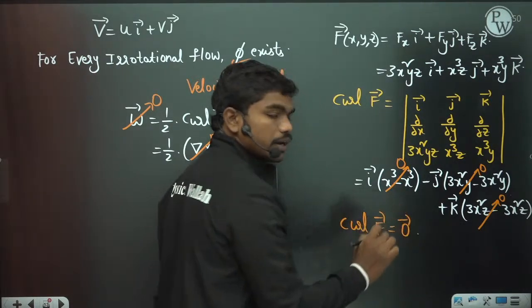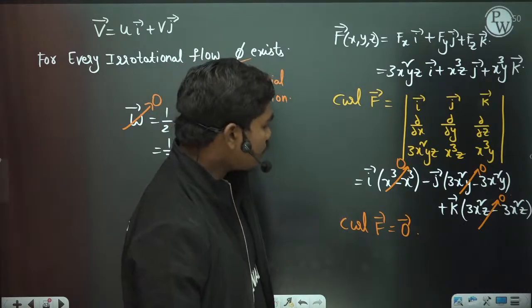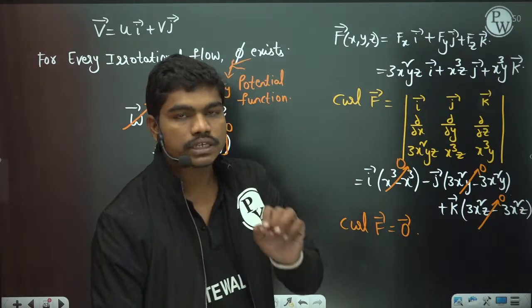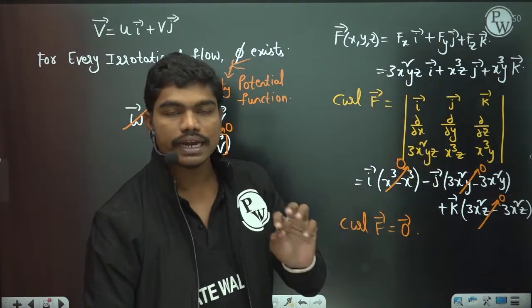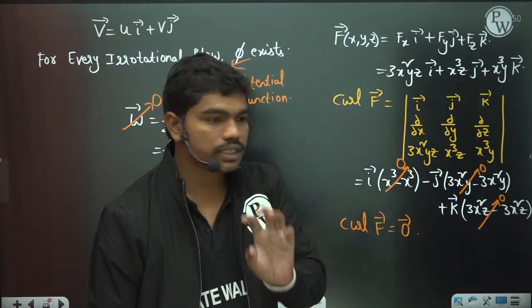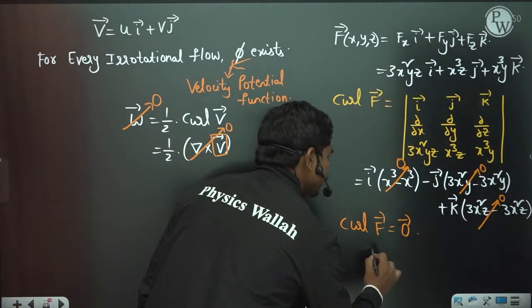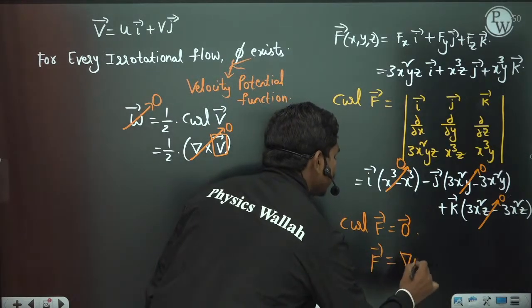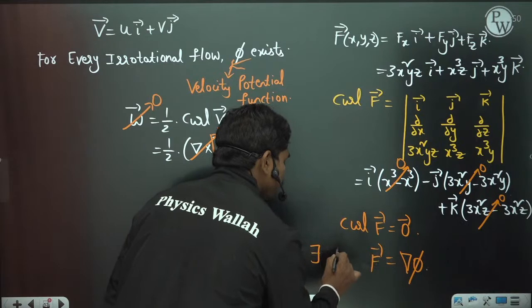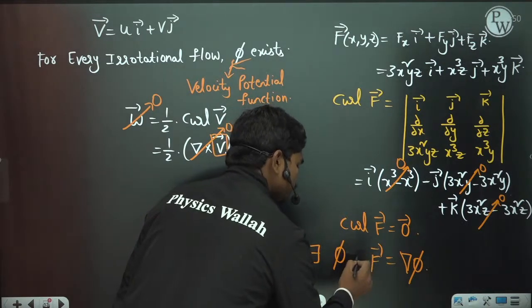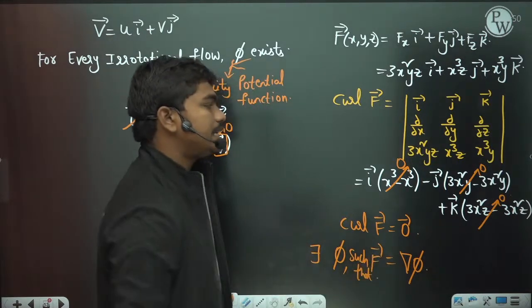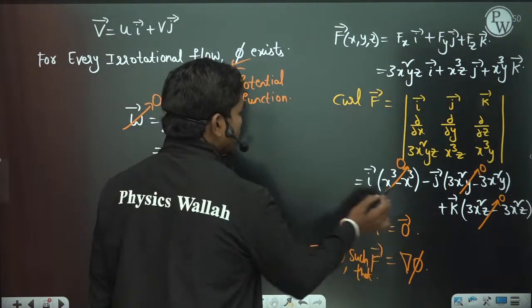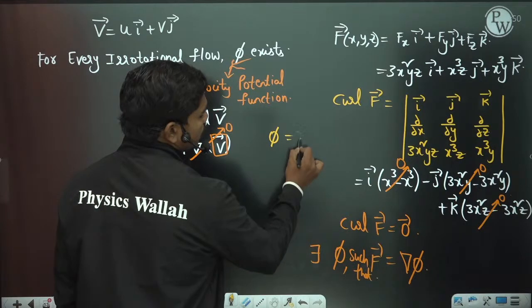Now you have one particular rule in mathematics: whenever curl f bar is 0, meaning any vector point function with curl 0, then definitely there is a scalar function such that f bar is given by grad phi, the gradient of phi. There exists phi such that f bar is equal to the gradient of phi. For example, let phi be equal to x cube yz.